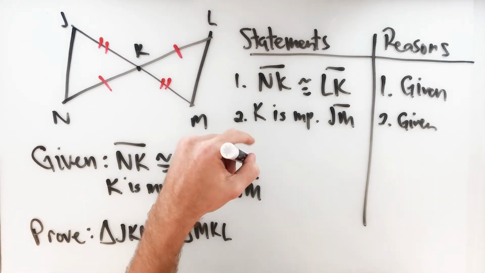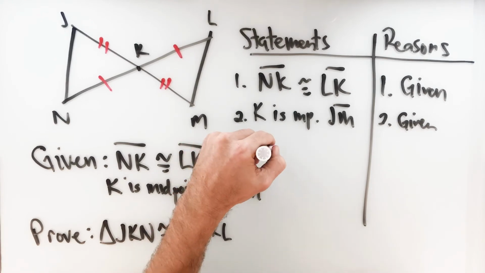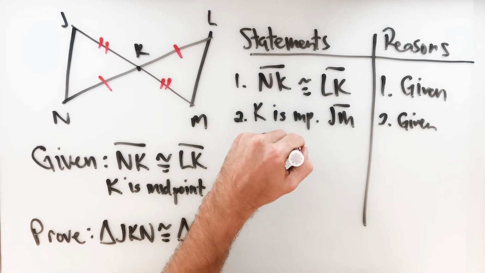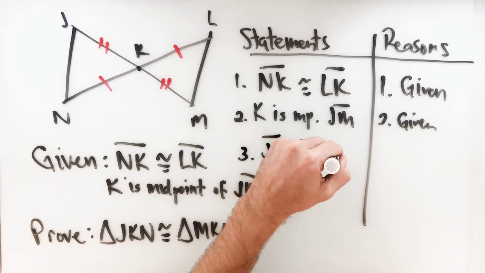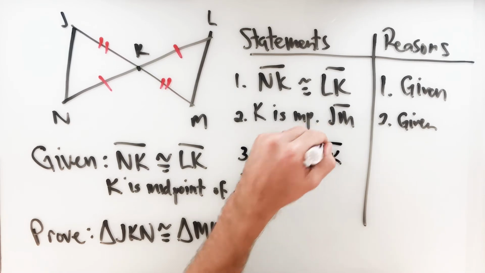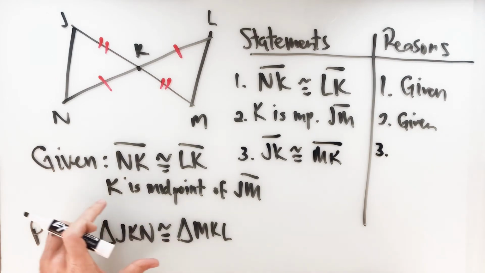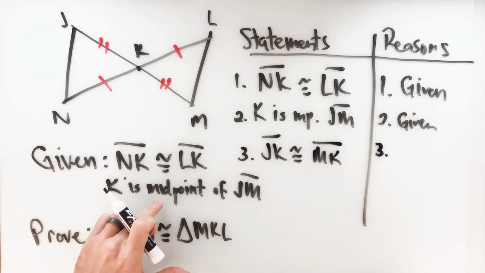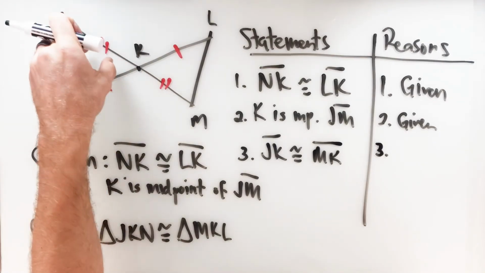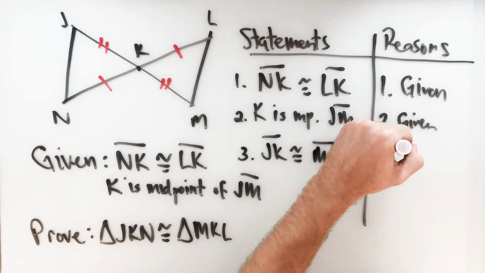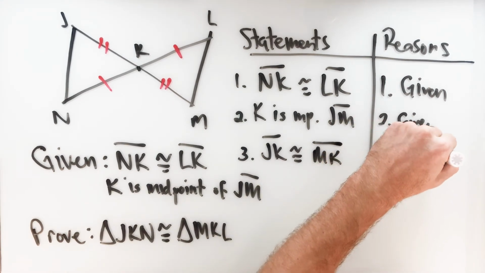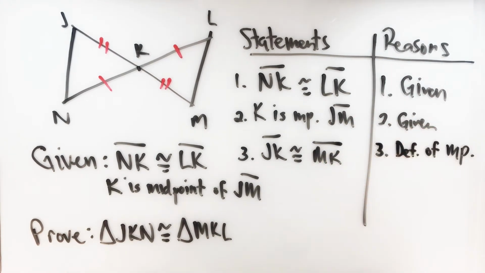So number 3, we're going to say JK is congruent to segment MK. And how did we know that those two segments were the same? It was this piece of information here. The definition of a midpoint is a point that divides a segment into two congruent segments. So we're going to say that's the definition of midpoint.